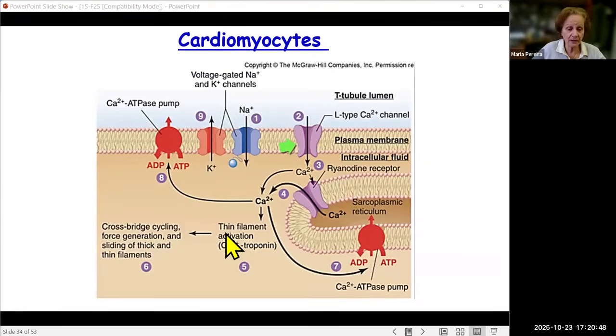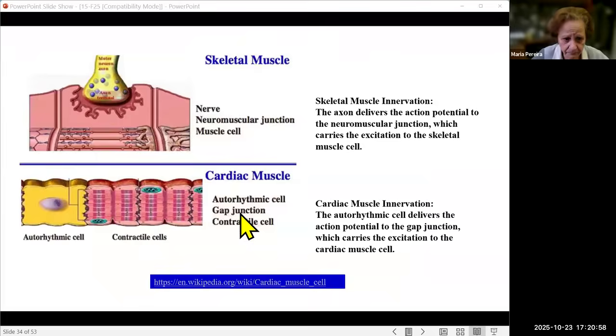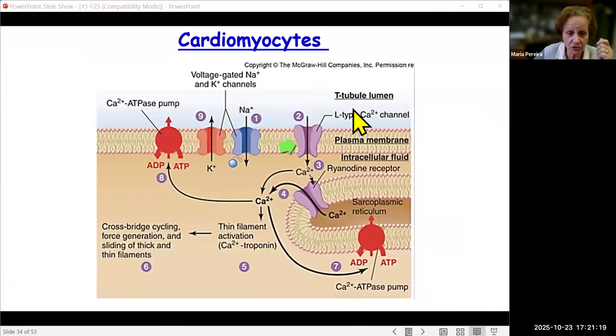So there's more calcium available in the cardiomyocyte to act on the troponin, tropomyosin, myosin, and actin cycle. So you have this difference: in skeletal muscle, you have one source of calcium, the sarcoplasmic reticulum, for the cytoplasm of the cell. And in cardiomyocytes, the calcium comes from the extracellular fluid and also from the sarcoplasmic reticulum.